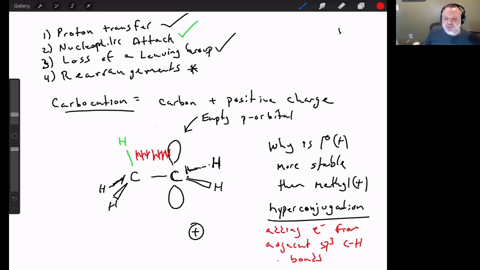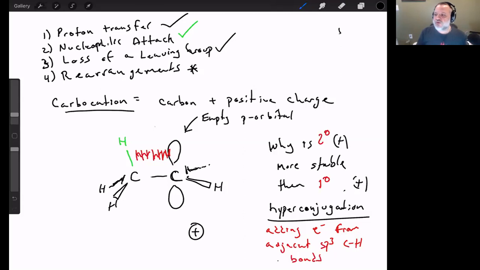And so if this explains why a primary is more stable than a methyl, then why is a secondary more stable than a primary? Well, if I take this idea and expand it out and add another cation, the question was asked, would I ask this kind of question on an exam? And I'd say, certainly, this is fair game, right? So a common question would be, here are some cations.